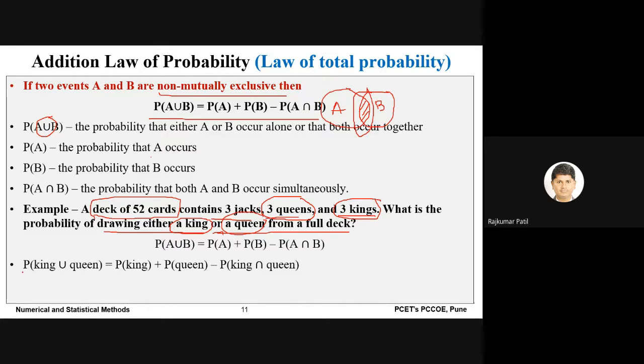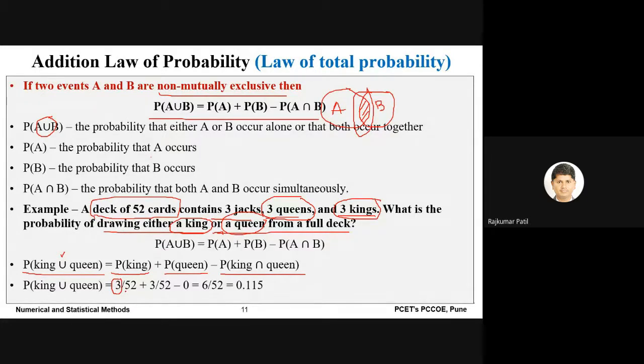So we are interested in probability of getting king or a queen, that is king union queen, which is equal to probability of getting king plus probability of getting queen minus probability of getting king and queen. So how many kings are there? 3 kings are there in a deck of 52 cards.